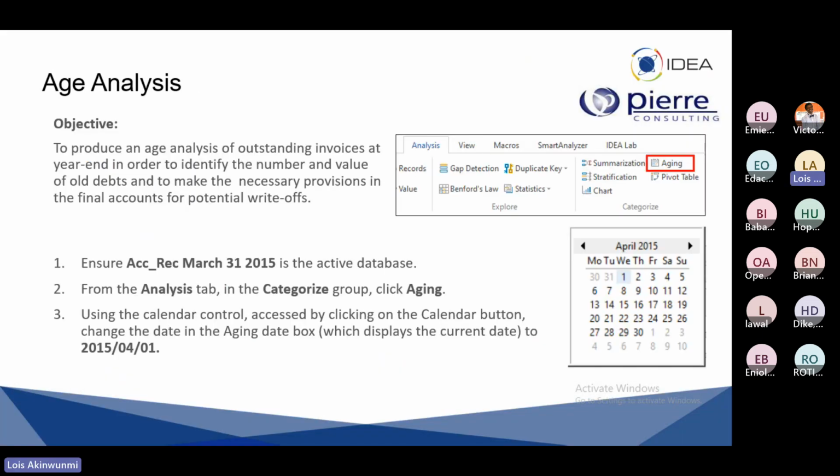And that is our age analysis. In this case, we want to produce an age analysis of outstanding invoices at year end in order to identify the number and value of old debts and to make the necessary provisions in the final account for potential write-offs. So let's start.